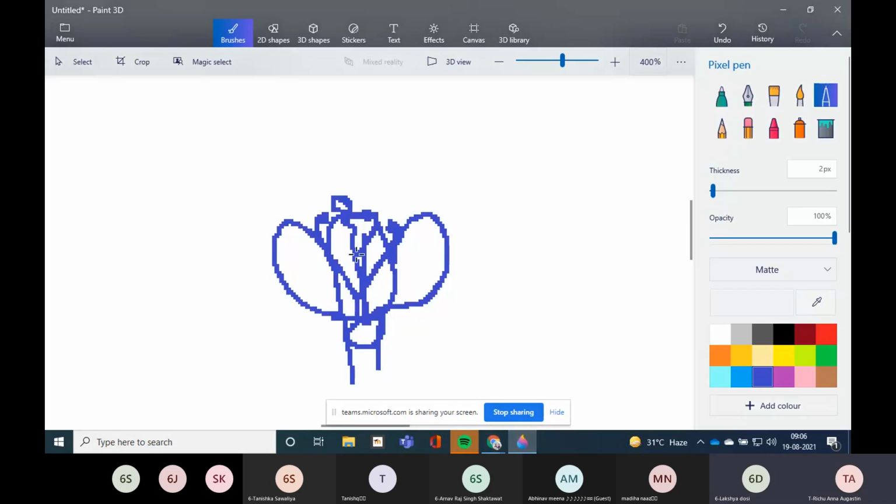So when this honeybee sits on this anther, what will happen? The pollen grain from this anther will stick on the body of this honeybee. Right? It will get stuck to its body. And when this honeybee goes to another flower for collecting nectar, it will not collect nectar from here only. It will go to other flowers also.